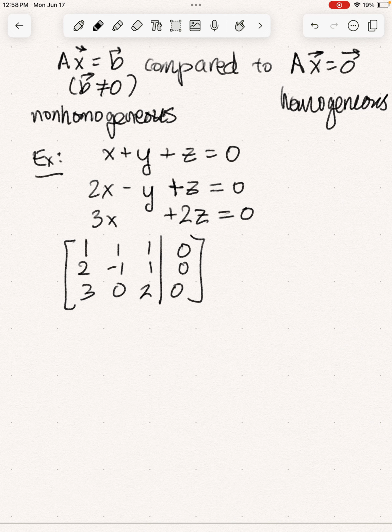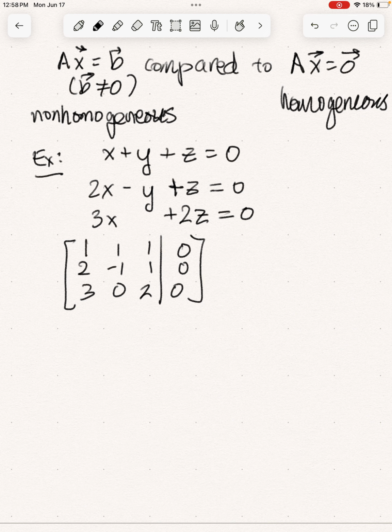Of course, since it's a homogeneous equation, when you do the row operations, the last column, the vector of constants, is always just going to be 0, 0, 0. So you could just leave it out, but let's leave it in just to emphasize that we're talking about a homogeneous equation.